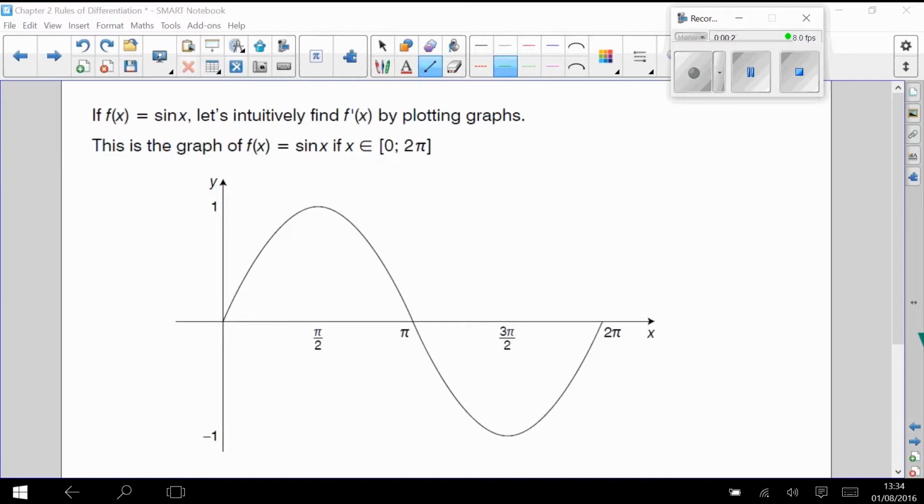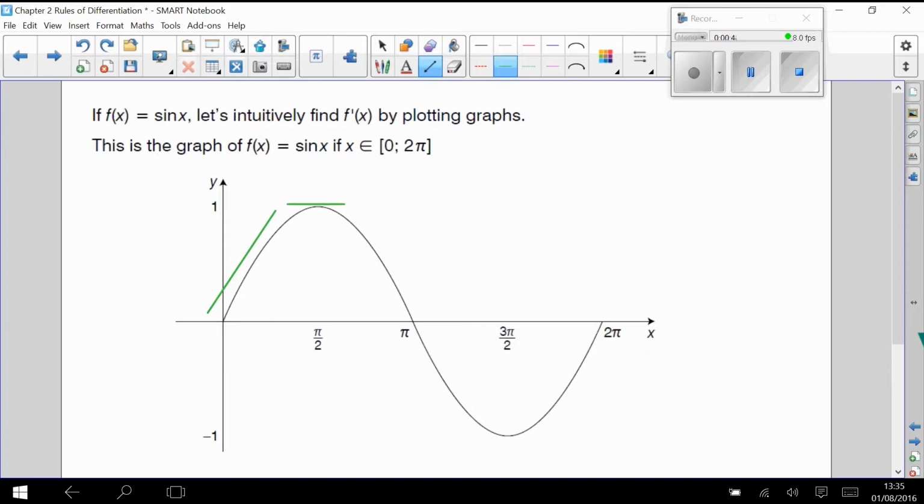Taking a look first at the sine x function, let's take a look and see what its gradient looks like. From 0 all the way up to pi over 2, I have an increasing gradient. Exactly at pi over 2, I've got a 0 gradient.